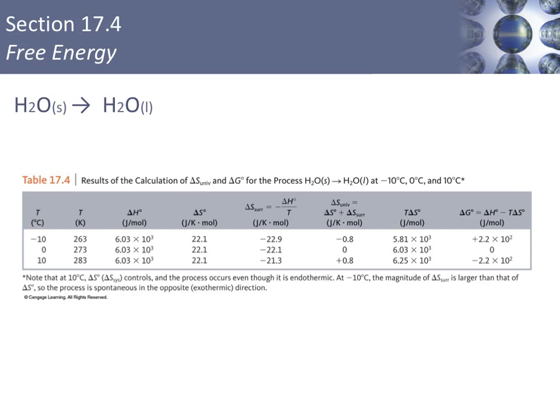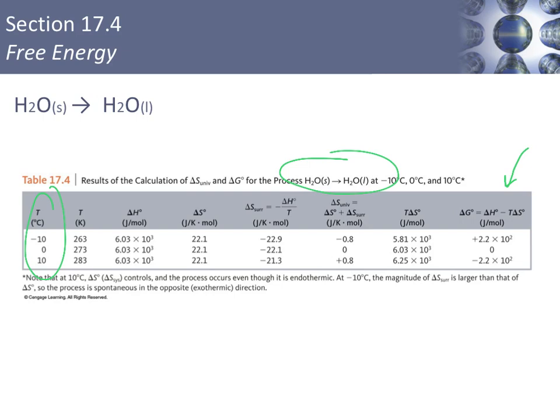This chart here is looking at ice turning into liquid water or melting. And it's at 3 different temperatures, -10, 0, and +10 degrees Celsius. Take a look at this column right here where delta G has been calculated.